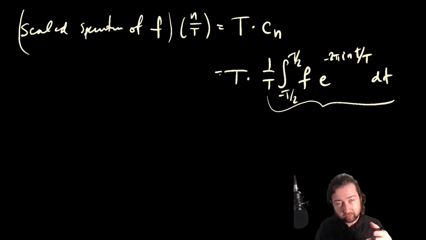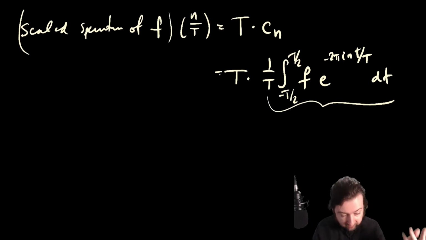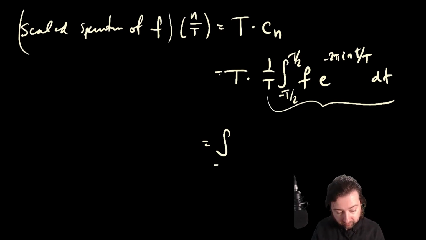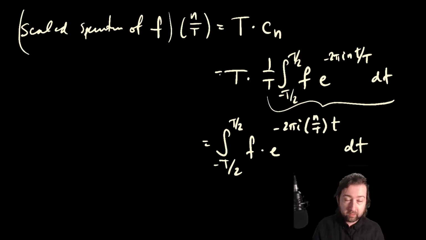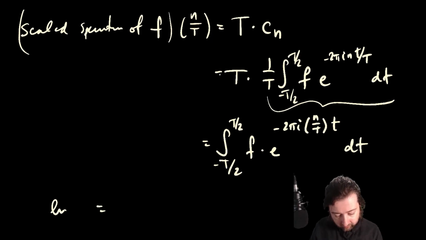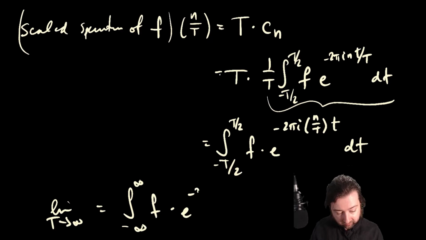That's the formula that you use to calculate a Fourier coefficient for a function of period T. Then the T's cancel, and you end up with an integral from minus T over 2 to T over 2 of f(t) e to the minus 2 pi i (n over T) t dt. But n over T in the limit, that's the thing we called s. And so if I take a limit as T goes to infinity, I get the integral from minus infinity to infinity of f(t) e to the minus 2 pi i s t dt.